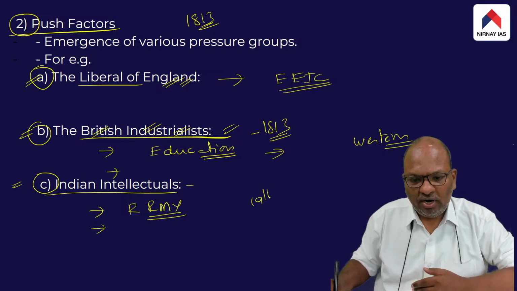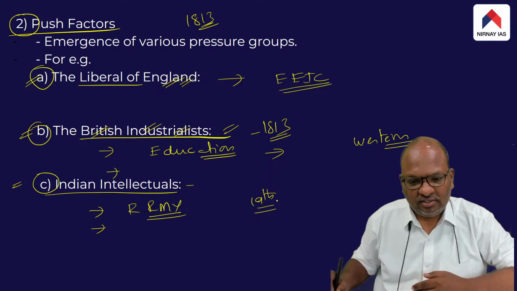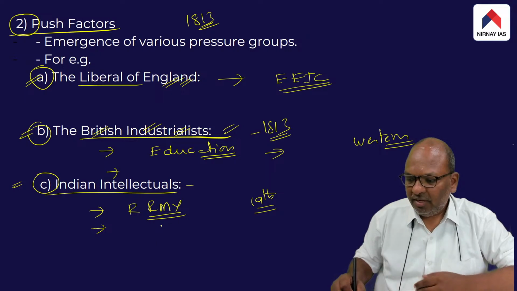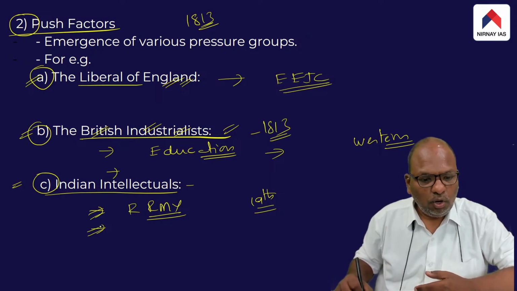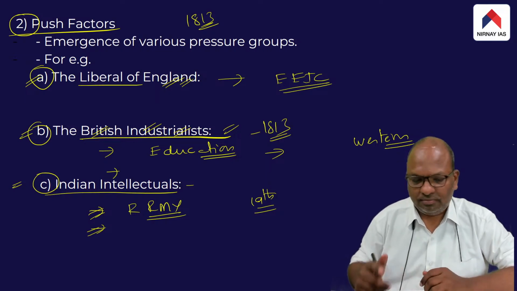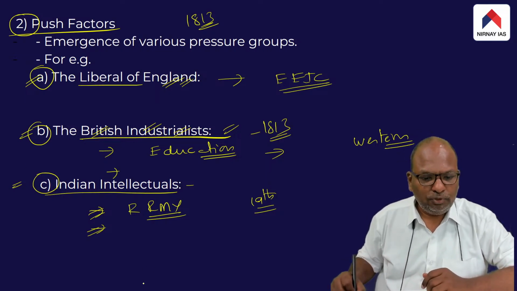He was a well-known social reformer, and he was putting a lot of pressure on the British to start spending money towards education. So this was the third push factor.